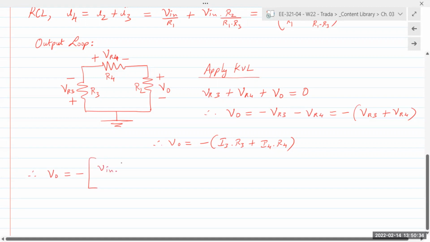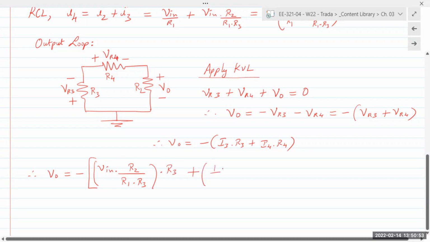I3 is Vin times R2 over R1 times R3, sorry, and times R3, plus I4.